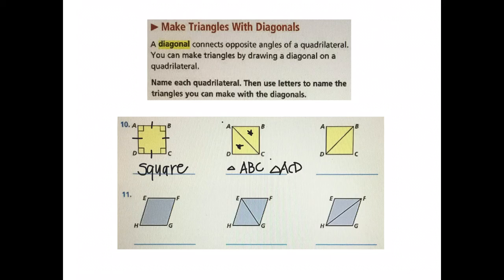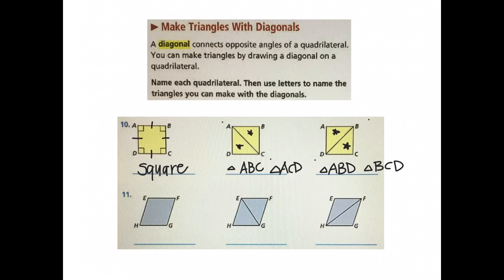Now, they could have done the diagonal this way by connecting B and D. So for this one, the triangles are a little bit different. This time, the first triangle is ABD, and the second triangle is triangle BCD. So depending on where you put the diagonal, it creates different triangles. They're still congruent in size and shape, however.